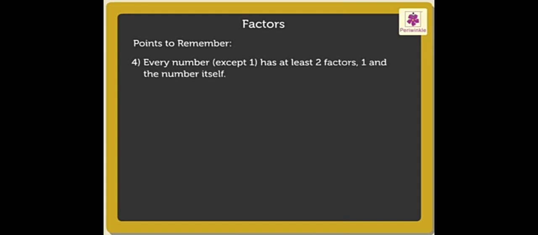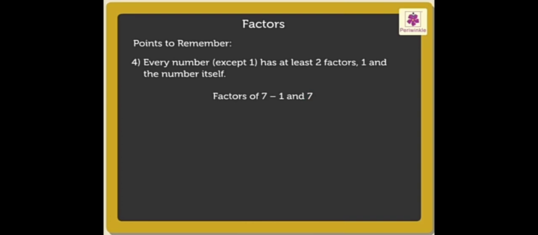4. Every number except 1 has at least 2 factors, 1 and the number itself. Let us look at the factors of 7. They are 1 and 7. No other pair of numbers, when multiplied together, will give the product 7. That is, the number 7 has at least 2 factors, the number 1 and the number 7 itself.